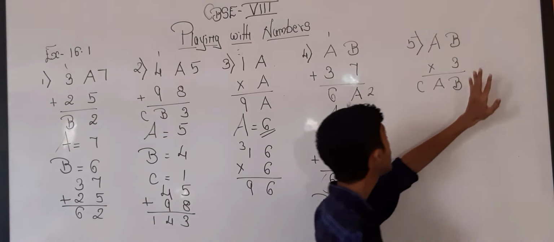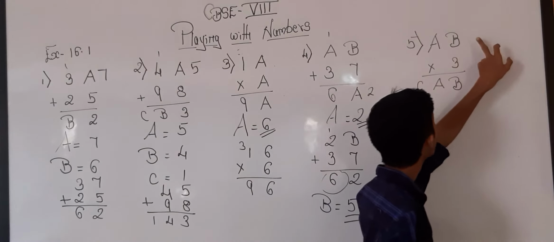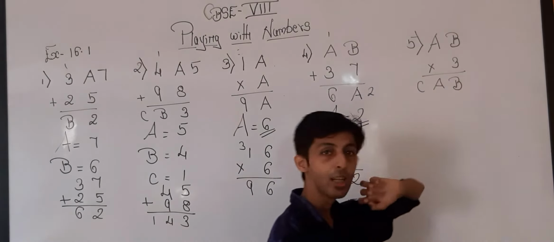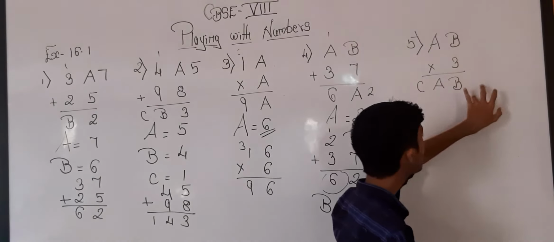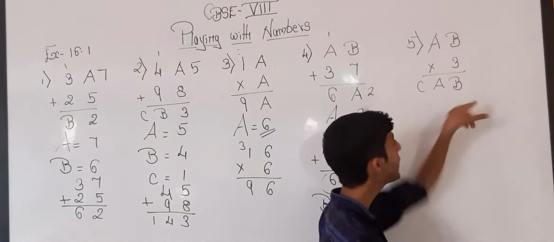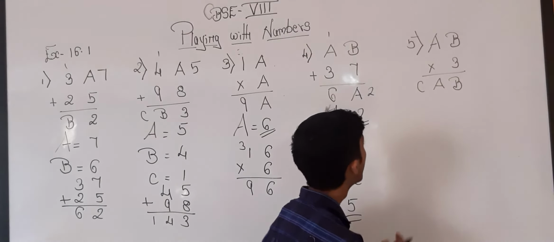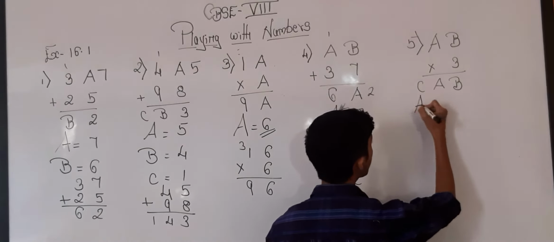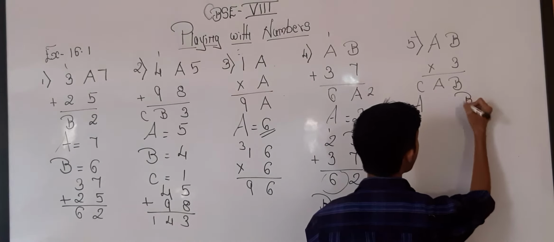Now see over here in question number 5, b times 3 is a b. Now the value of b should be such that both the values should be tallying, both the values should be the same. Now see over here the trick: a, b and c.